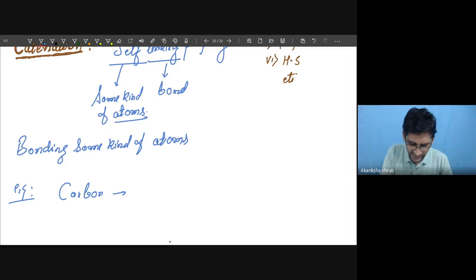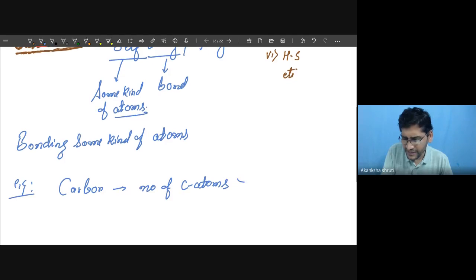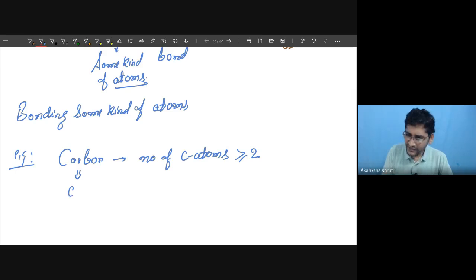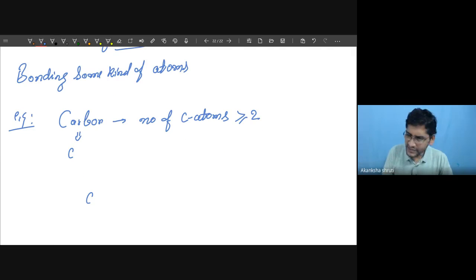So the number of carbon atoms we are taking must surely be greater than 2. Carbon is denoted by C. If we denote 2 carbon atoms by C and C, one of the carbon atoms is able to form a bond with the other carbon atom.